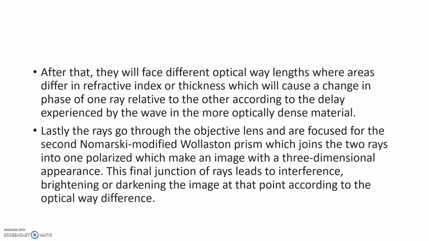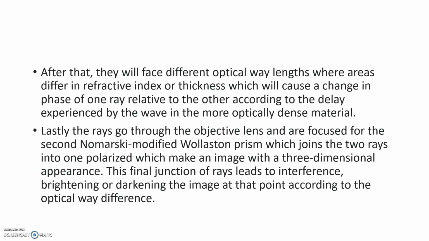After that, they will face different optical wavelengths, where areas that differ in refractive index or thickness will cause a change in phase of one ray relative to another, according to the delay experienced by the wave in more optically dense materials.